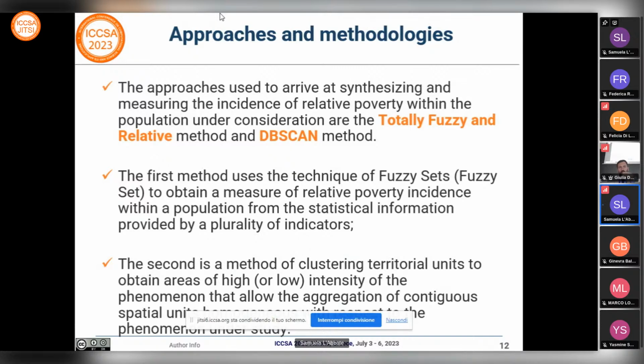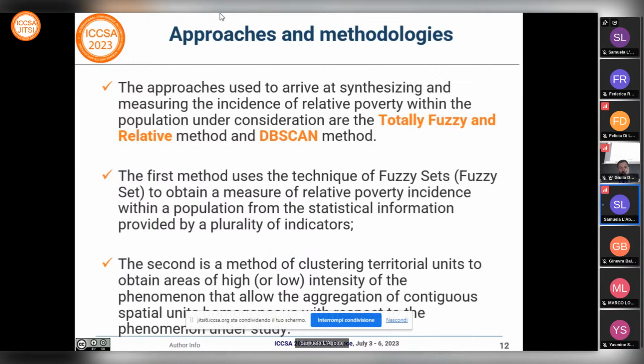The first method uses the technique of fuzzy sets to obtain a measure of relative poverty incidence within a population from the statistical information provided by a plurality of indicators. The second is a method of clustering territorial units to obtain areas of high or low intensity of the phenomenon, allowing the aggregation of contiguous spatial units homogeneous with respect to the phenomenon under study.